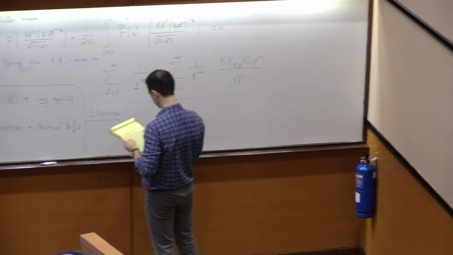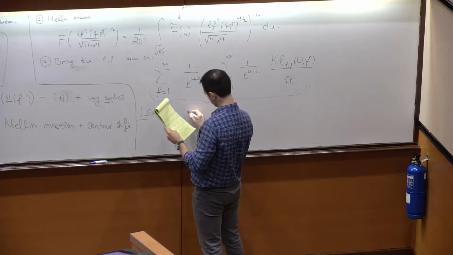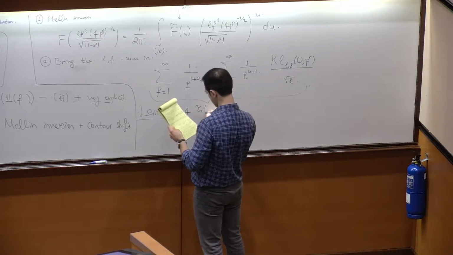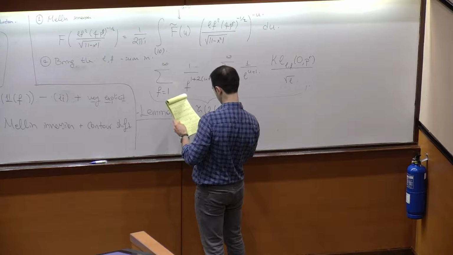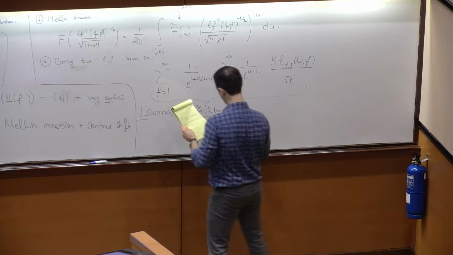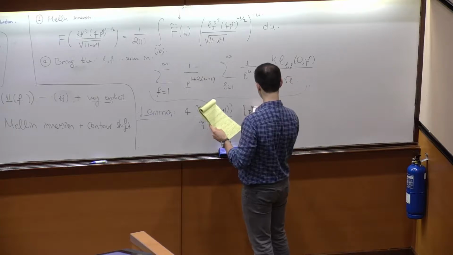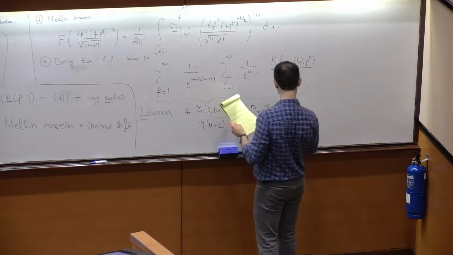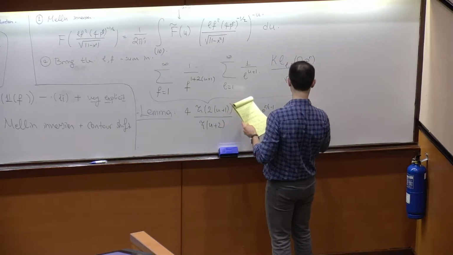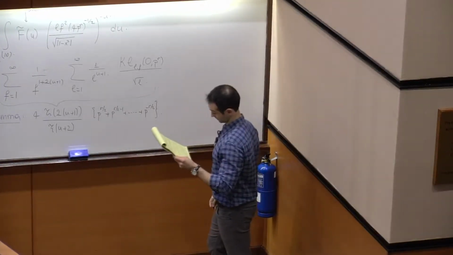And, well, this guy is 4 times zeta of 2 times u plus 1 over zeta of u plus 2 times, believe it or not, the following quantity, p to the r over 2 plus p to the r over 2 minus 1 plus p to the minus r over 2.